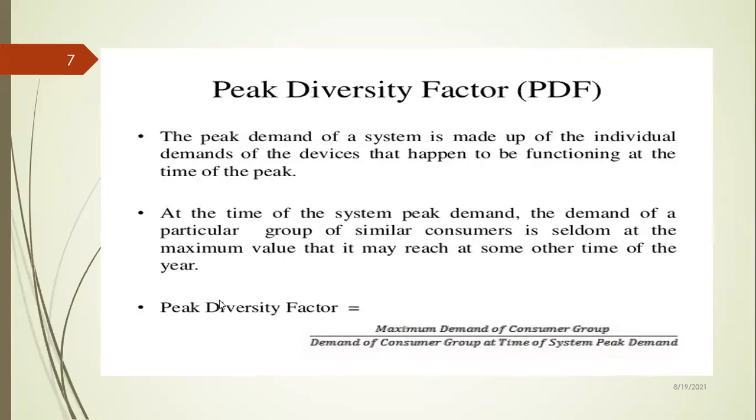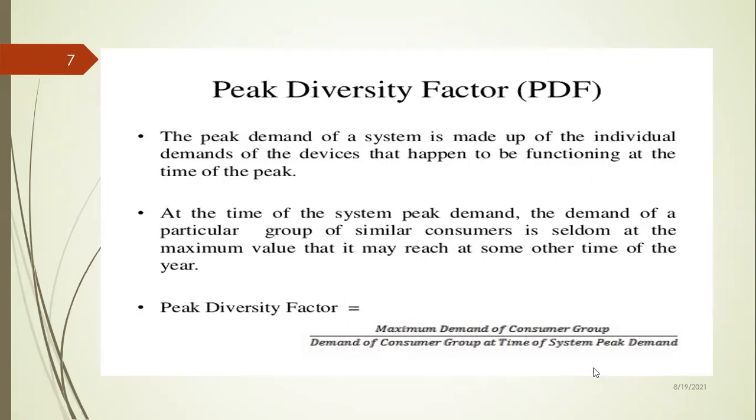Okay, so what is the formula for the peak diversity factor? It is the maximum demand of the consumer group divided by the demand of the consumer group at the time of system peak demand. So what it means, now here you can take the example of a complete city.